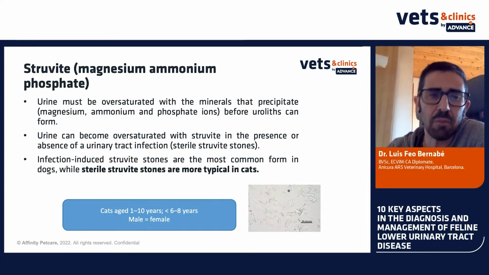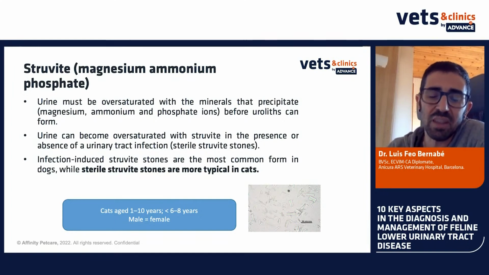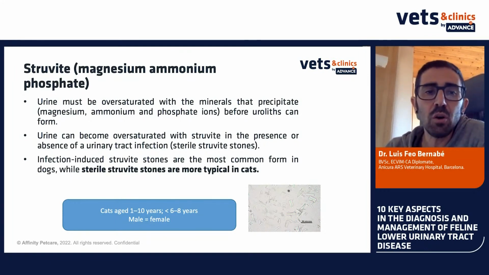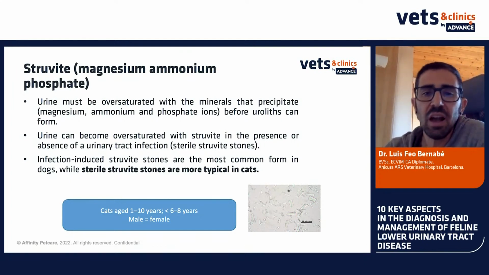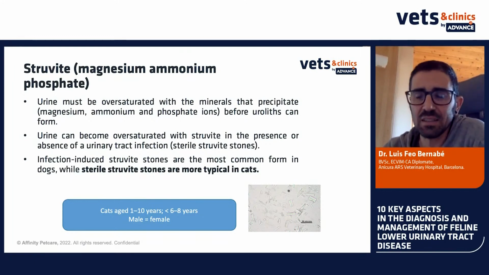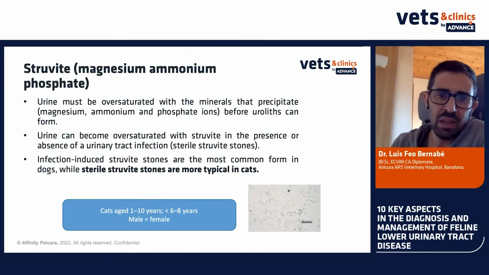The important thing about this stone is that urine can become oversaturated with struvite in the presence or absence of a urinary tract infection. We know that infection-induced struvite is the most common form in dogs, while sterile struvite stones are more typical in cats. So in cats, most of the time, you won't have an infection.